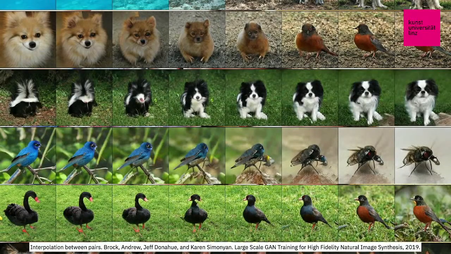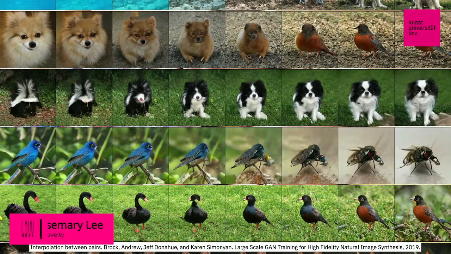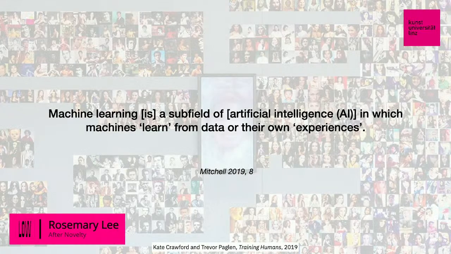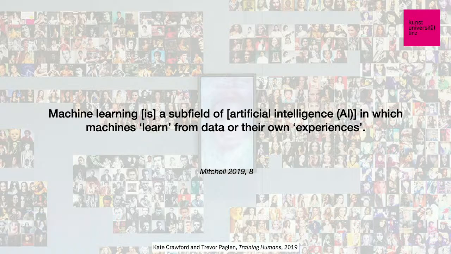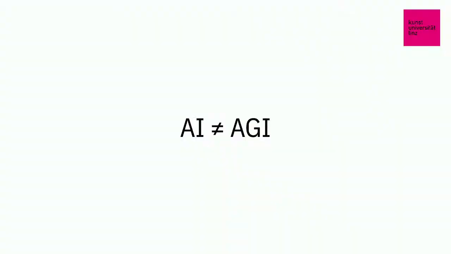And though it's become somewhat synonymous with machine learning, AI is distinguished from it as being a broader field and concept within which machine learning is situated. To use Melanie Mitchell's definition, which I quite like, machine learning is a subfield of artificial intelligence in which machines learn from data or their own experiences.